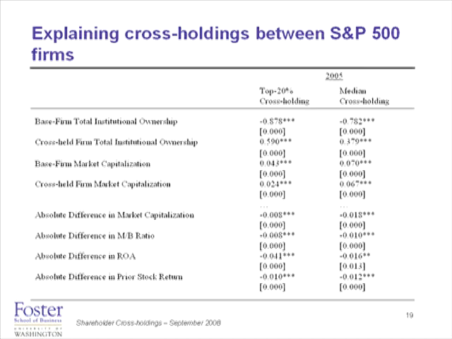We control for total size, both of which are going to affect the cross holdings. But then, as you can see here, the further apart they are in terms of size, the lower are their cross holdings. And we just replicated here the top 20% and the median cross holdings. The more different they are in terms of market to book, the more different they are in terms of ROA, or the more different they are in terms of their stock performance, the lower are the cross holdings.